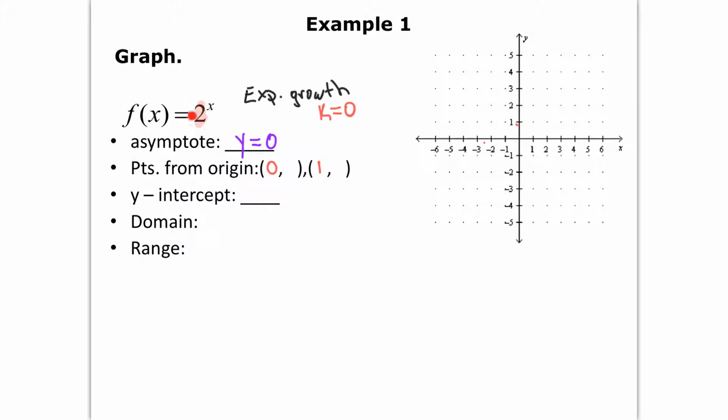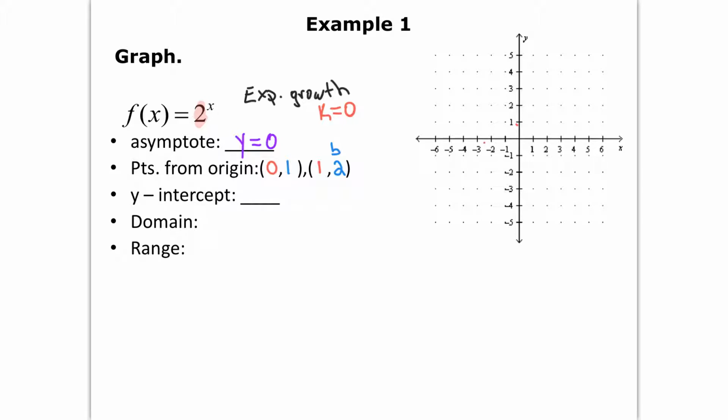Here a is just 1, but we have just the parent function. So when you have just a regular parent function, the first point is going to be 0, 1, and the second point is going to be 1 and your base. The base is 2, so that's what we use: 1, 2.